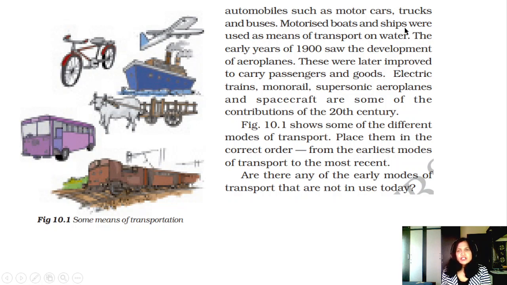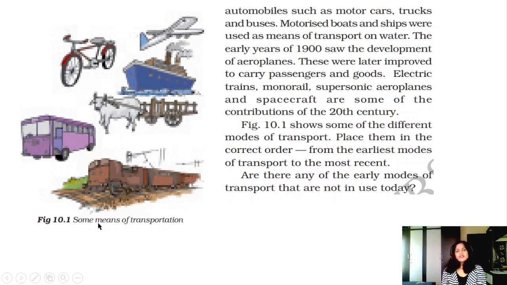Motorized boats and ships were used as a means of transport on water. The early years of 1900 saw the development of aeroplanes. These were later improved to carry passengers and goods. Electric trains, monorail, supersonic aeroplanes, and the spacecraft are some of the contributions of the 20th century.